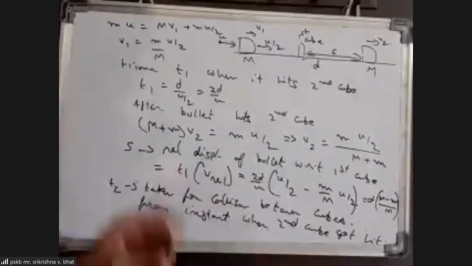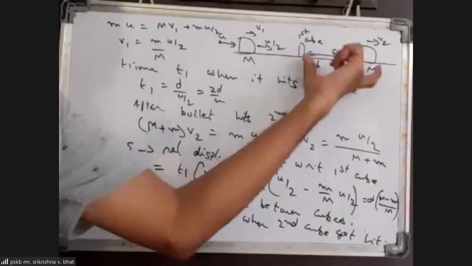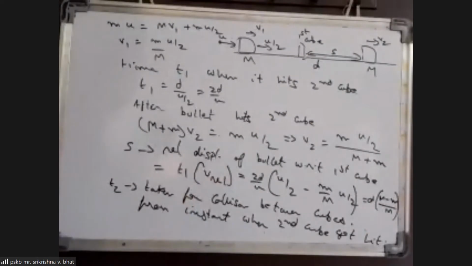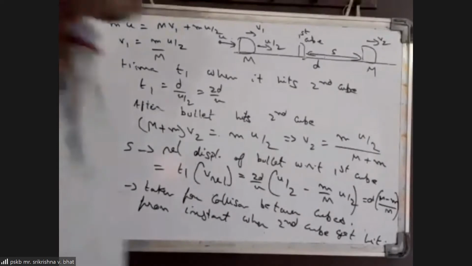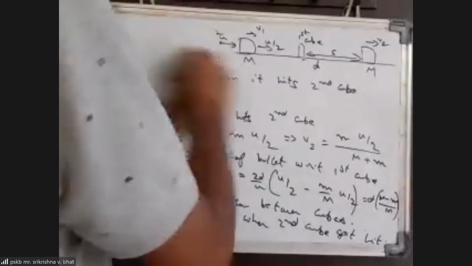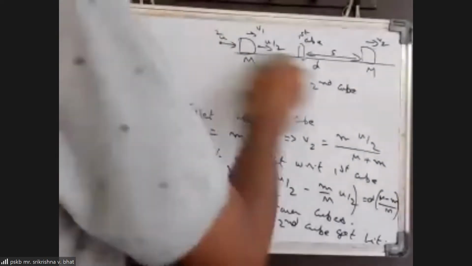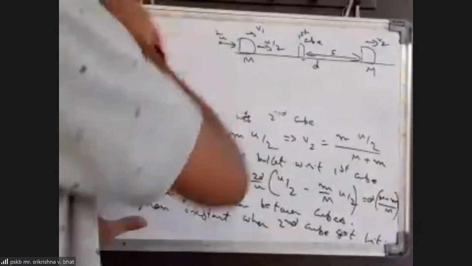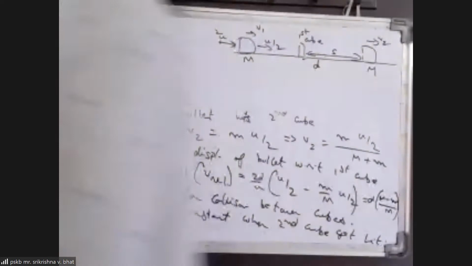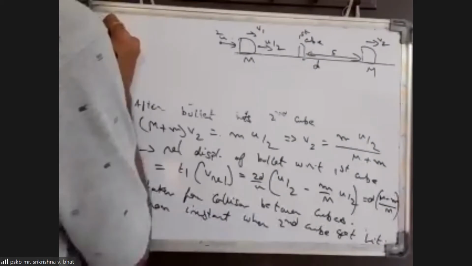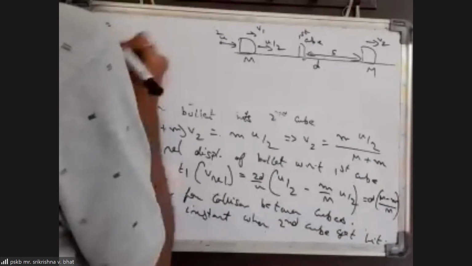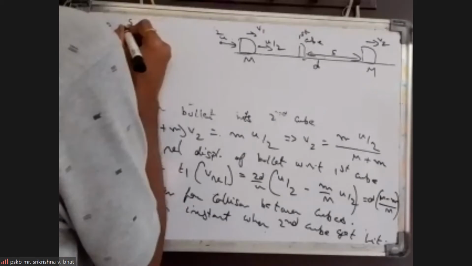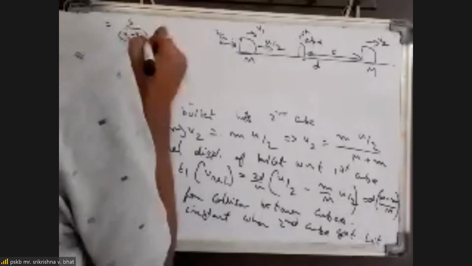Now this t2 we can find as the separation s divided by the relative speed between the two cubes, which will be v1 minus v2. So t2 should be equal to s by (v1 - v2).